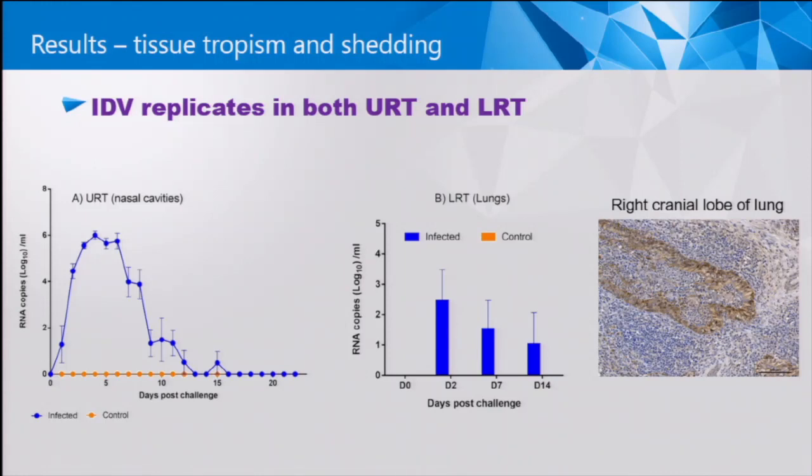And concerning the lower respiratory tract, looking at the bronchoalveolar lavage, the shedding lasted till day 14 after the challenge, with a peak shedding of 10 to the 2nd RNA copies per microliter.